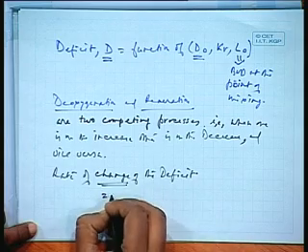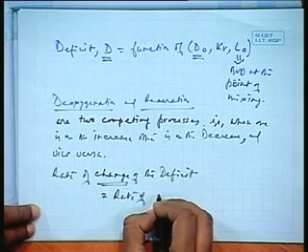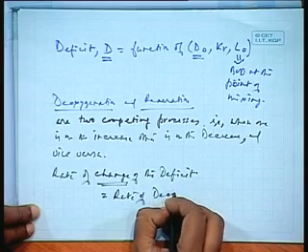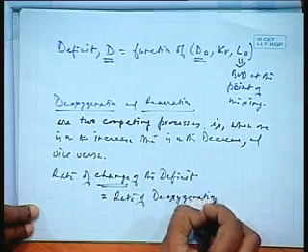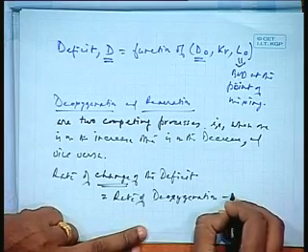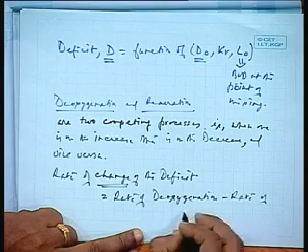Rate of change of the deficit is rate of deoxygenation minus rate of reaeration.